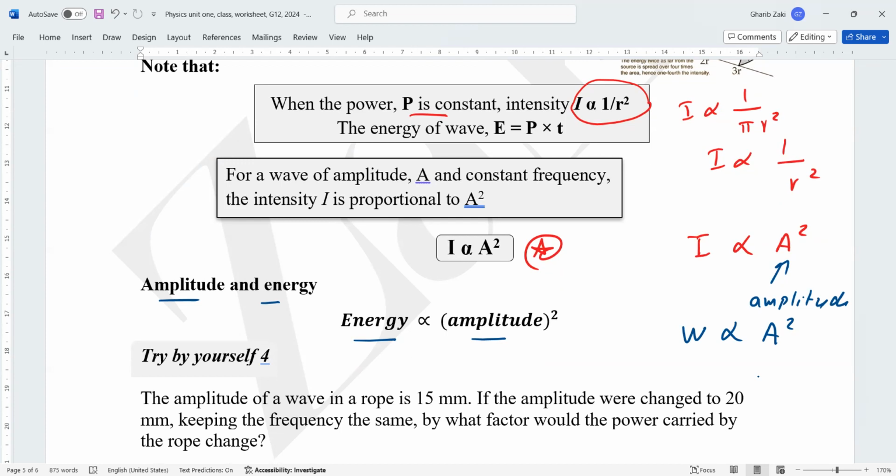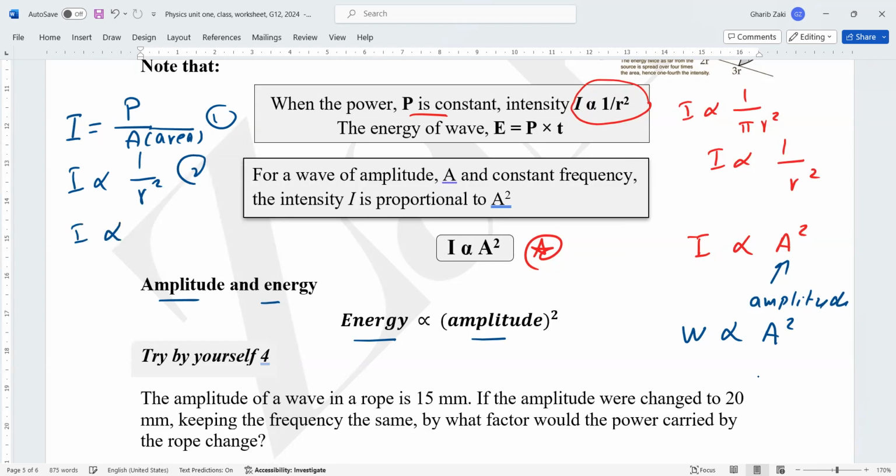So how many relations do we have here? Remember, number one, the intensity equals the power per unit area. A is the area, take care. And the intensity is inversely proportional to the radius squared. The intensity is directly proportional to the amplitude squared.